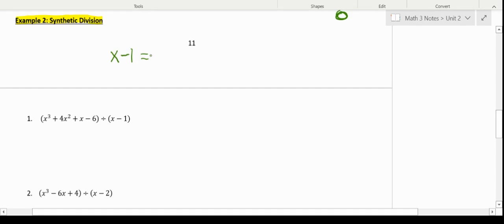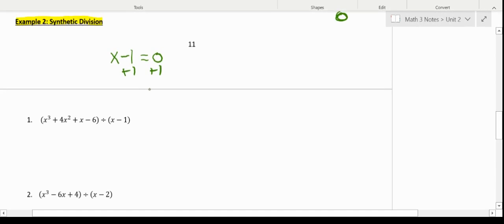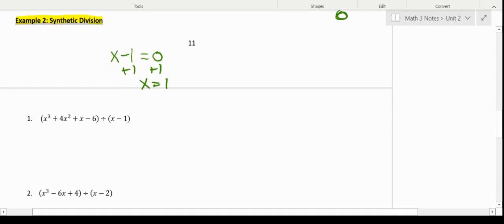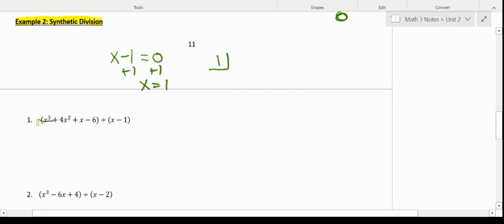And if I set that equal to 0, that would be the same as treating it like a 1. So we're going to go ahead and I'm going to put a little 1 as a placeholder there. And I have this polynomial.